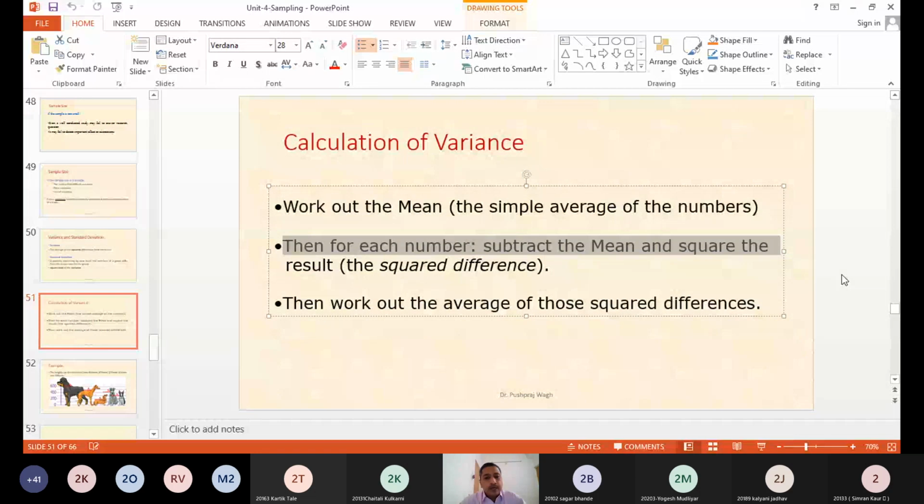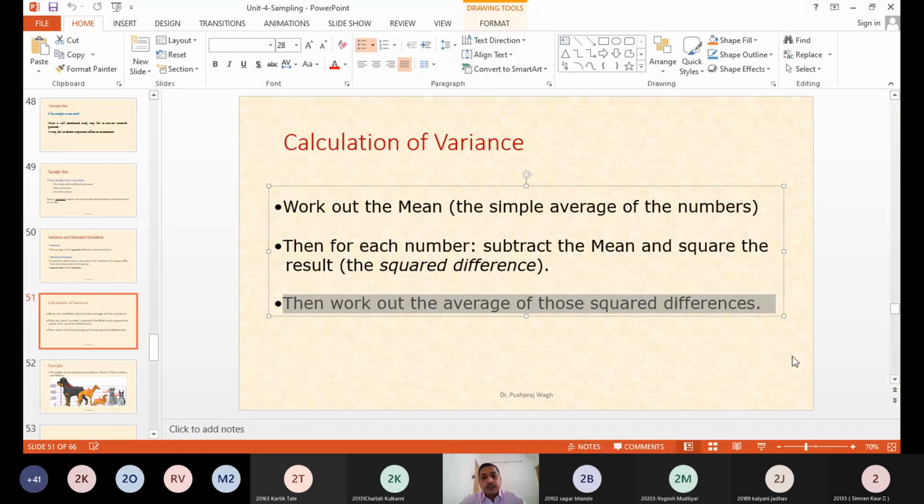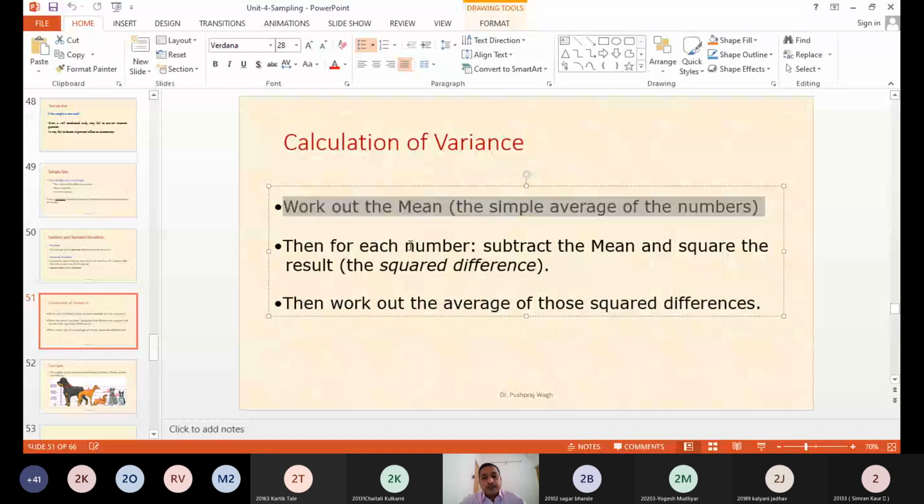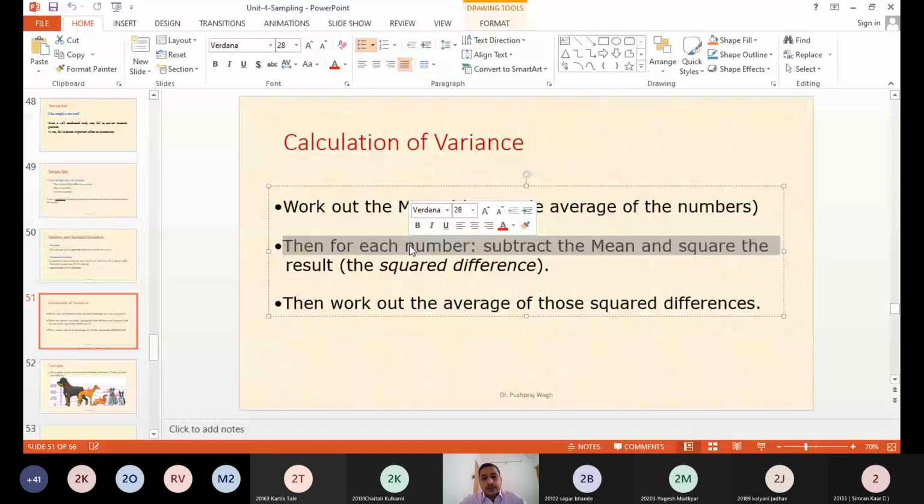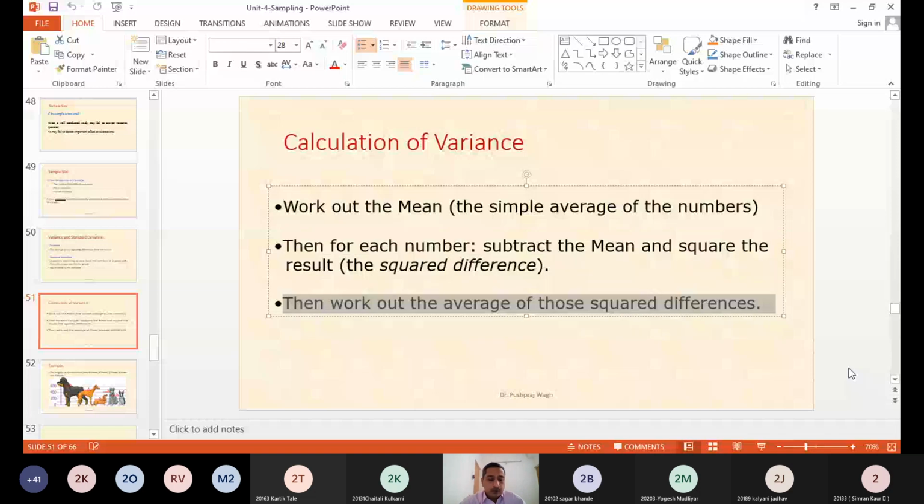That will give you the variance. So variance means square differences from the mean; it is the average of the squared differences from the mean value. We will take an example so that you will understand it better.